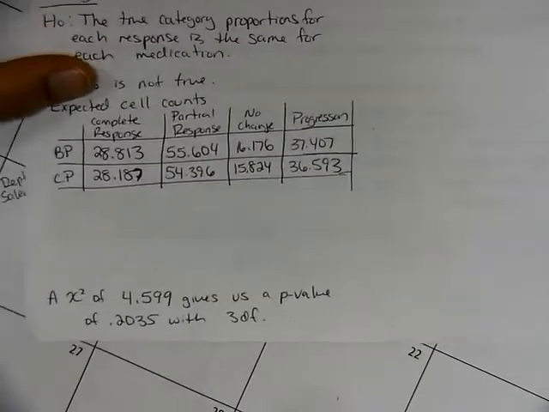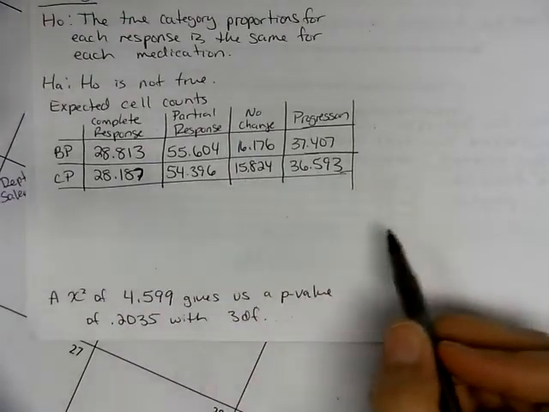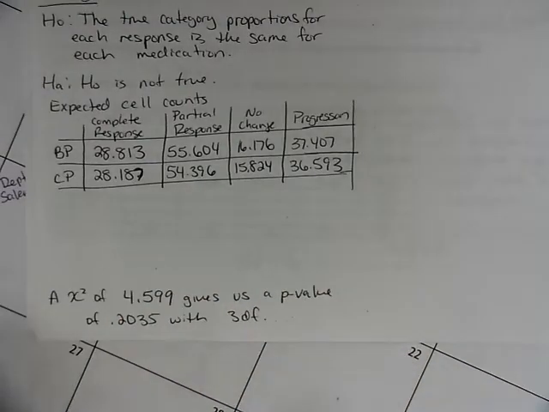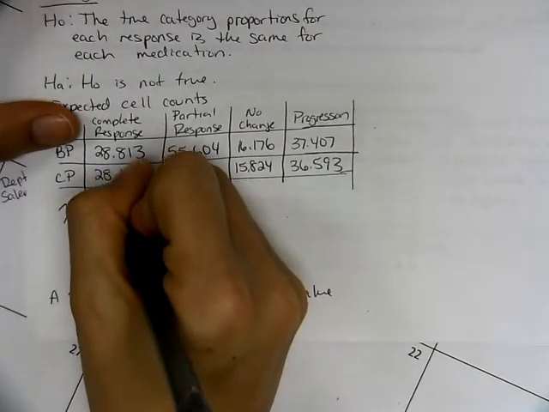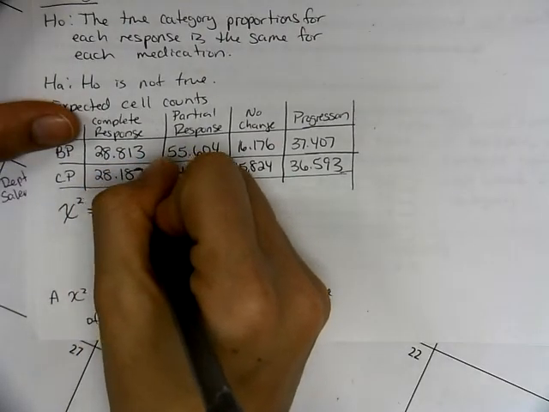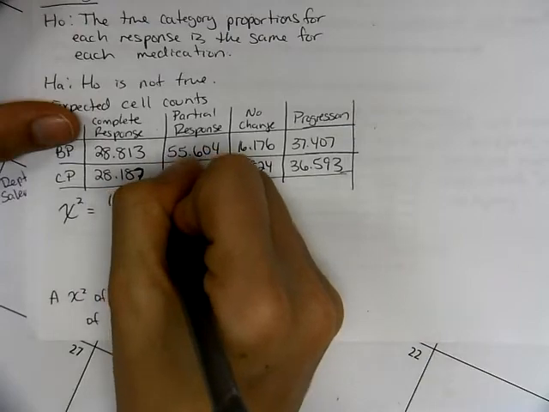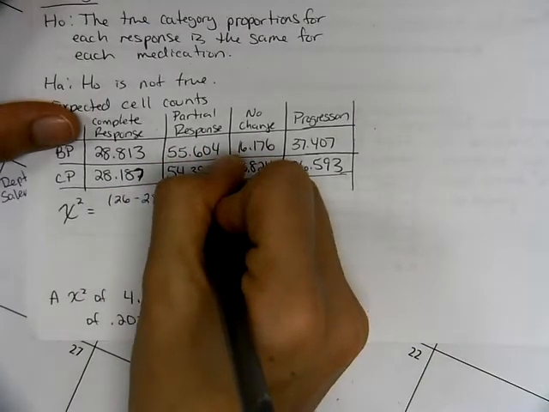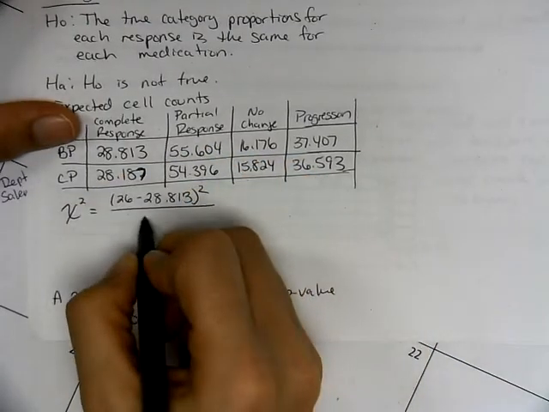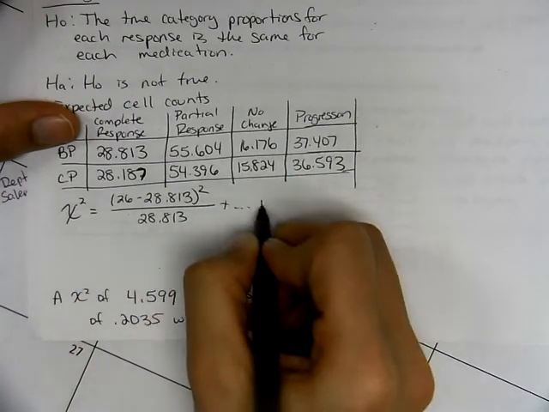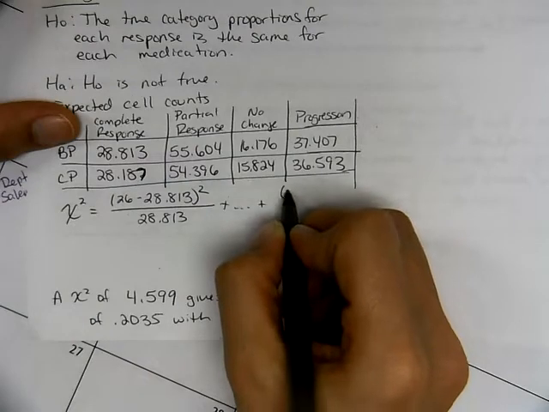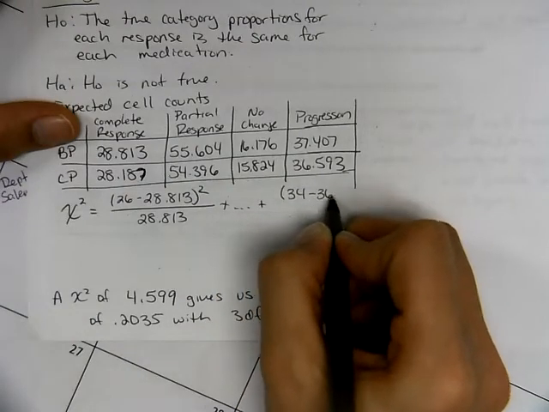Okay, now just like yesterday, I don't expect you to do all 8 things in your formula, but I got to see that you understand the formula. So I'm okay if you just do the first one and the last one. So 26 minus 28.813 squared over, and then you can just put plus dot dot dot and then do the last one. 34 minus 36.